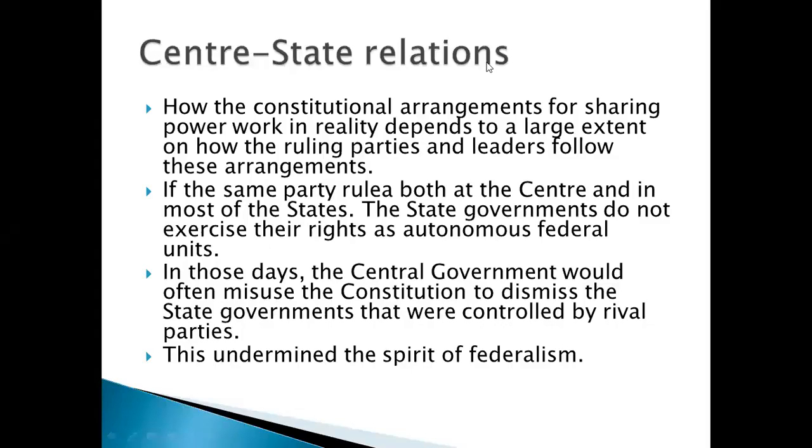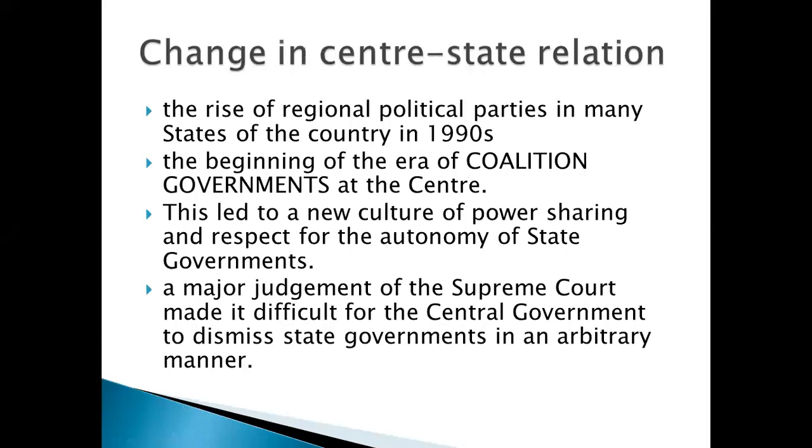Now, how did this change? The rise of regional parties in the 1990s and the era of coalition governments. These were the two facts that changed the center-state relationship, and they led to a new culture of power sharing and respect for the autonomy of state governments. Also, there were many judgments of the Supreme Court which made it very difficult for the central government to dismiss state governments in an arbitrary manner.